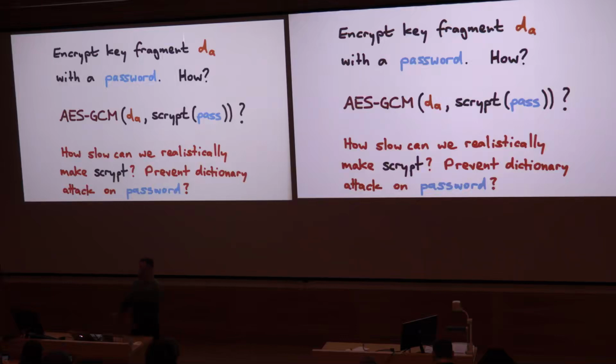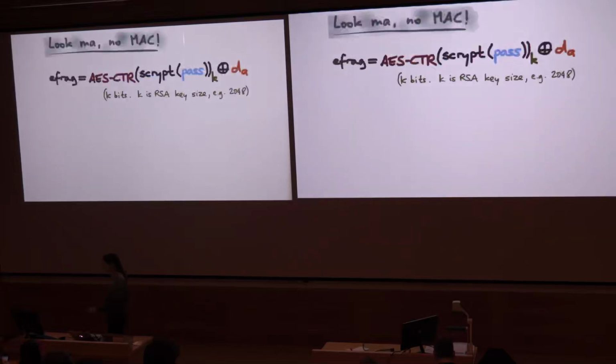And if no, okay, well, try the next one. So this is exactly what an attacker needs in order to do an offline attack. Instead, we can use an encryption scheme that does not have a MAC, so does not authenticate the encryption, which is normally something you would not do because it can be dangerous in various ways. But in this case, it actually is desirable.